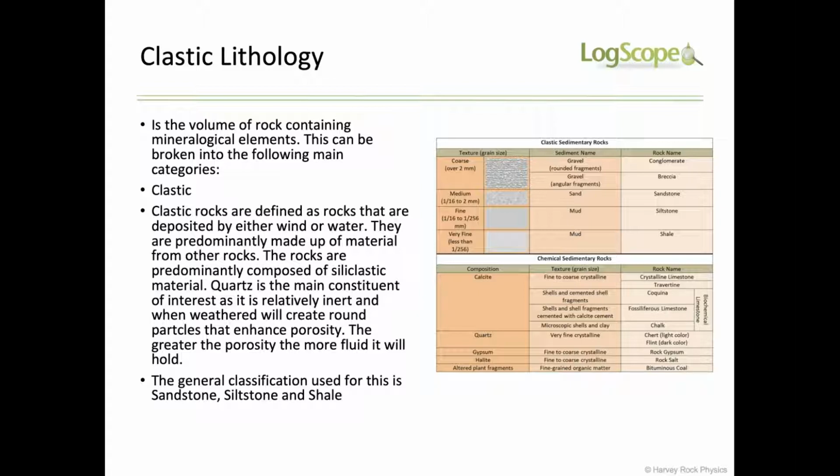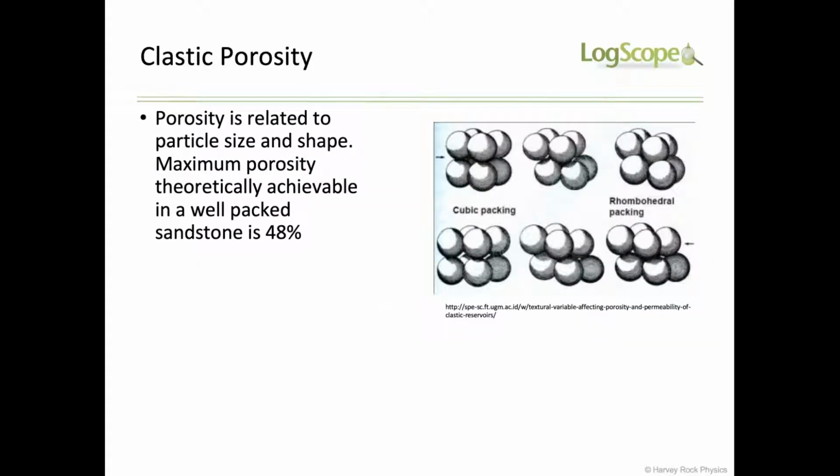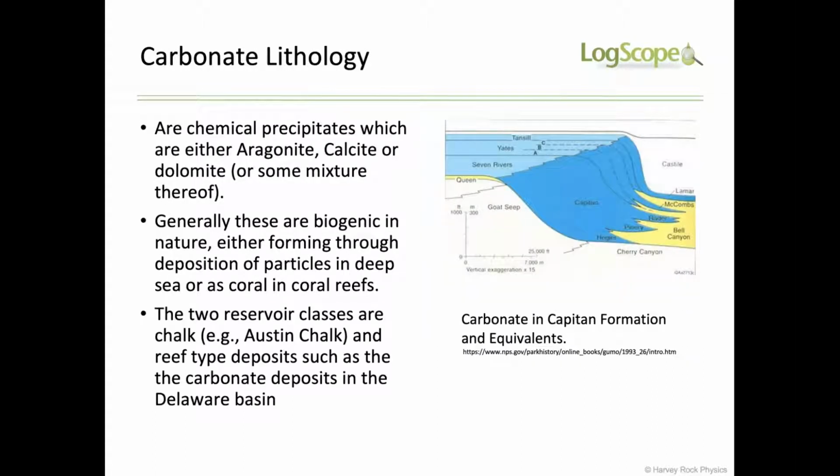So I generally tend to refer to particles less than 1/16 or 1/256 of a millimeter as being clay-sized particles. The porosity, clastic porosity, is generally related to the packing, and the maximum packing achievable in sandstones is 48%.